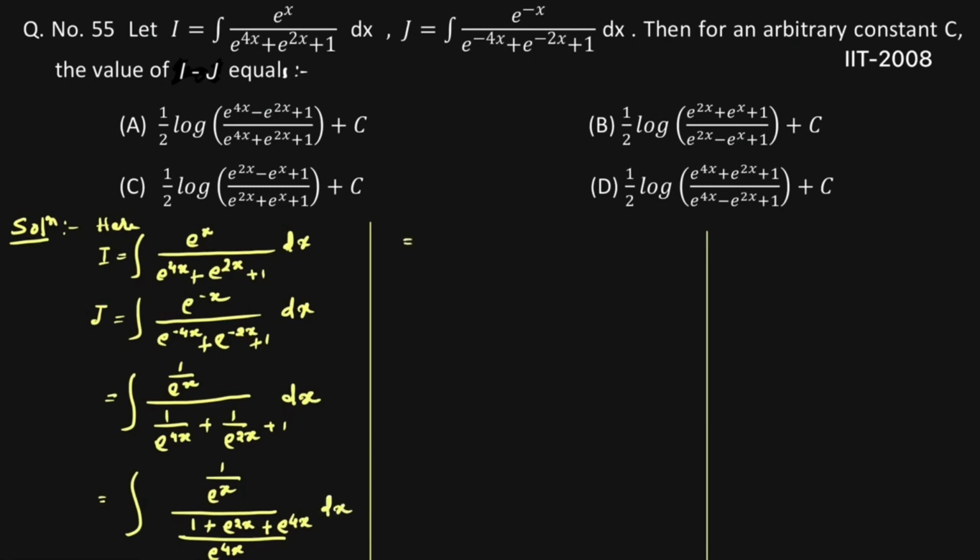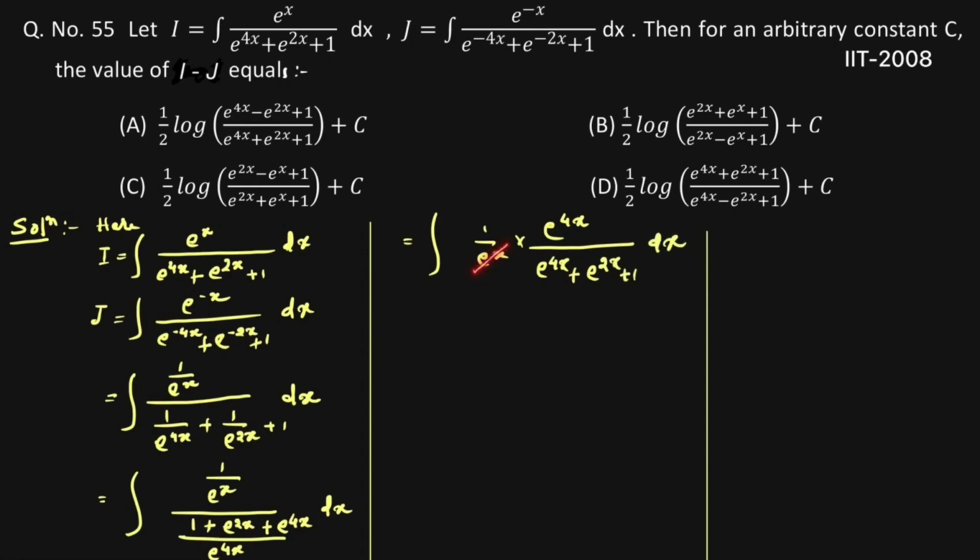Then which is equal to integration of 1 by e to power x into e to power 4x divided by e to power 4x plus e to power 2x plus 1 dx.